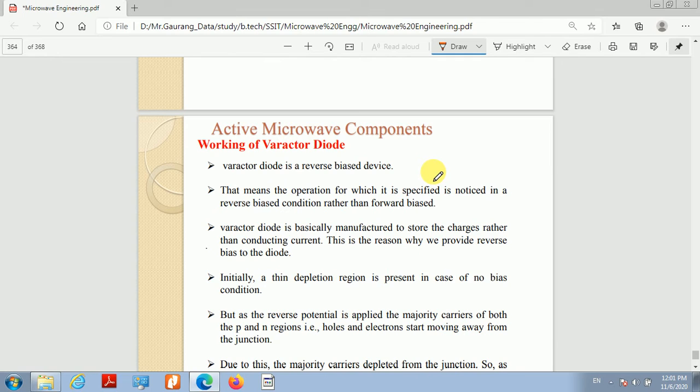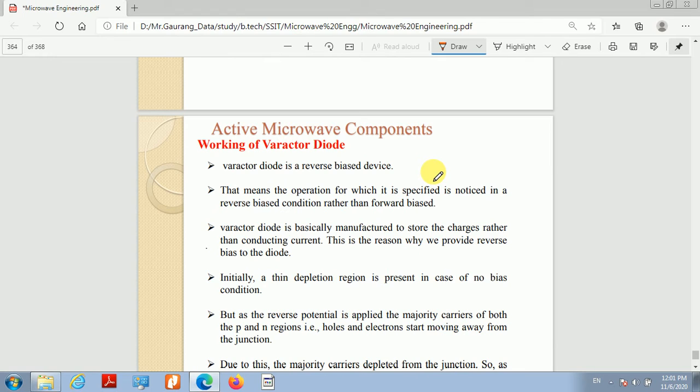As we apply the reverse bias, what are the majority charge carriers in the P type material? Holes. And in N type material, electrons are the majority charge carriers. By application of this reverse potential, the holes and electrons start moving away from the junction, as happens in our normal PN junction diode.